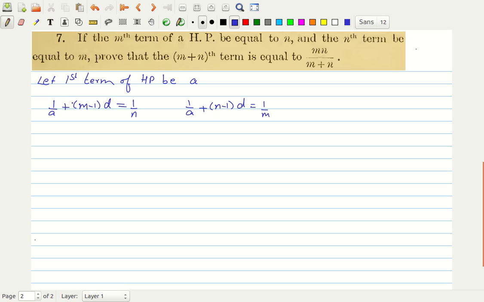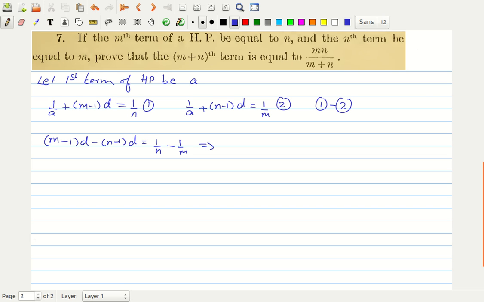Let us try to solve for d first. If this is equation number 1 and this is equation number 2, what is 1 minus 2? The 1 by a cancels, and you get m minus 1 times d minus n minus 1 times d equal to 1 by n minus 1 by m.